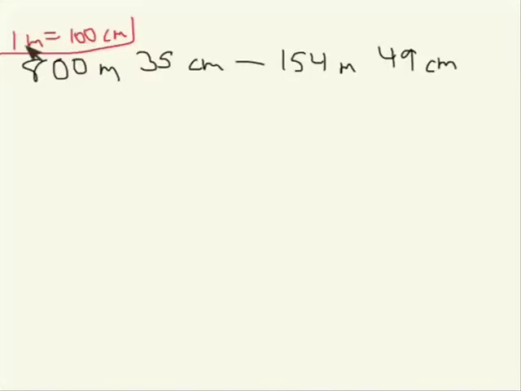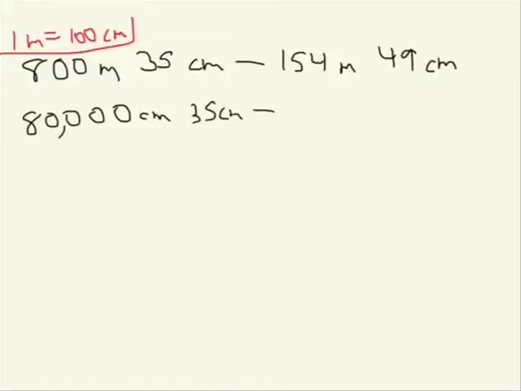So 1 meter is 100 centimeters. So if I take my 800 meters and multiply that by 100, I'll get the number of centimeters it equals. So 800 meters is equal to 80,000 centimeters. And then of course I have another 35 centimeters right here.